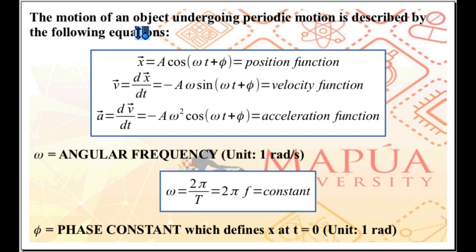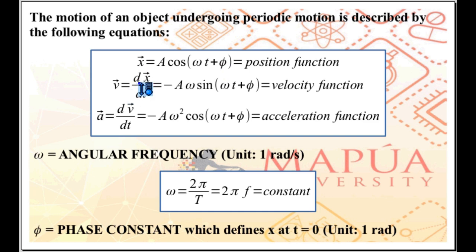The motion of an object undergoing periodic motion is described by the following equations. We have the position function x, the velocity function v, and the acceleration function a. x is equal to A cosine of omega t plus phi. v, which is velocity, is the rate of change of position.